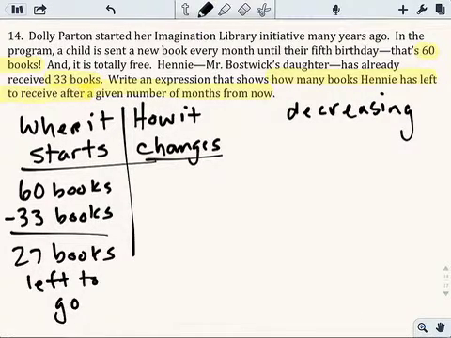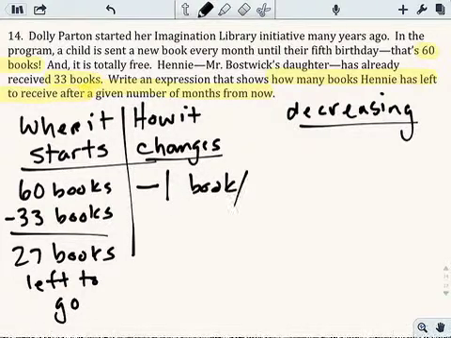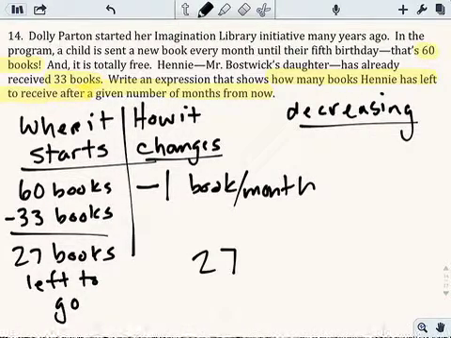And so now I need to figure out how it changes. She receives a new book every month, and I'm supposed to figure out how many she'll still have left after a given number of months. So the number of books she has left to go should decrease. That's subtract one book per month. She's got 27 left to go, and she's taking away one book per month.